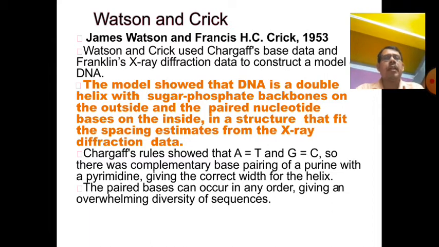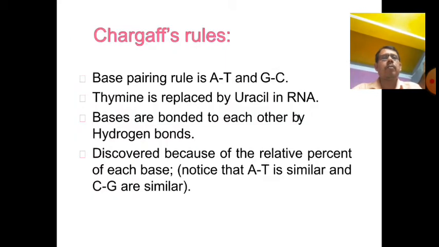And Chargaff's rules: A equals T and G equals C, 50% purine and 50% pyrimidine, with a complementary base pairing rule. In Chargaff's rule the base pairing is A with T and G with C; thymine is replaced by uracil in RNA. The bases are bonded to each other by hydrogen bonds. It was discovered from the relative percentage of the bases, noticing that A is similar to T and G is similar to C.